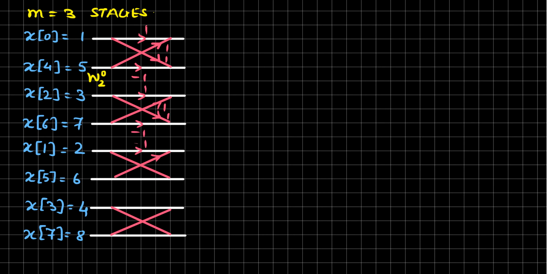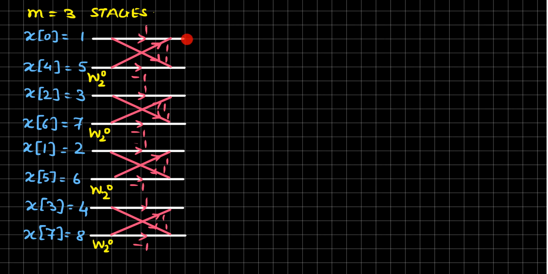Similarly here. And the twiddle factors would again be W2 to the power 0, W2 to the power 0 and W2 to the power 0.